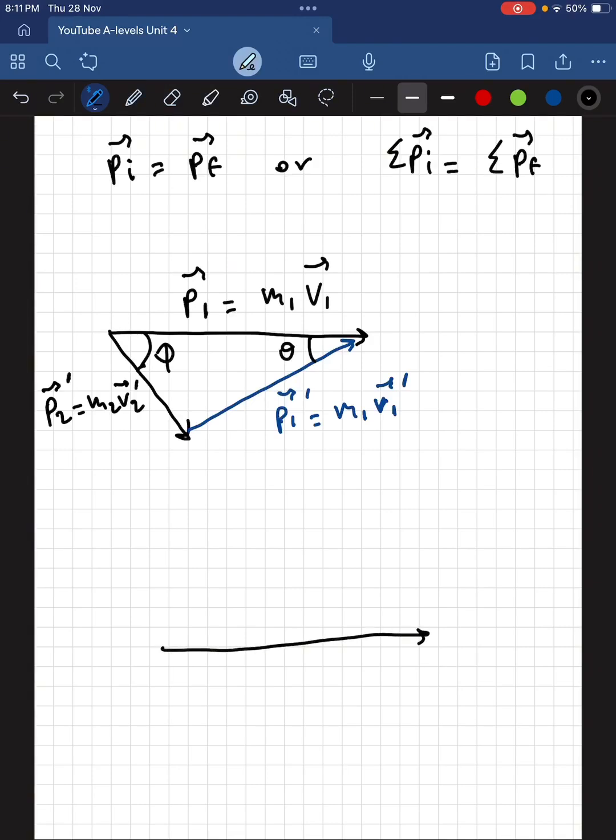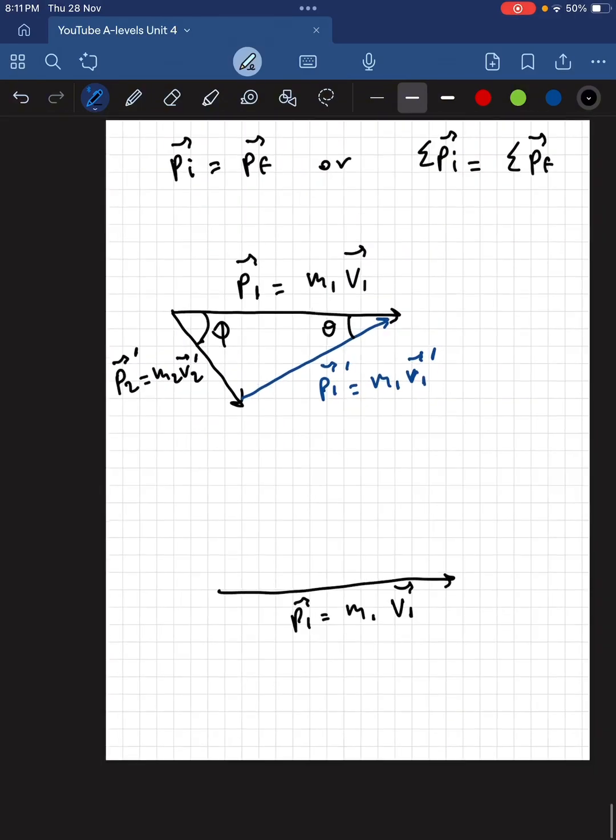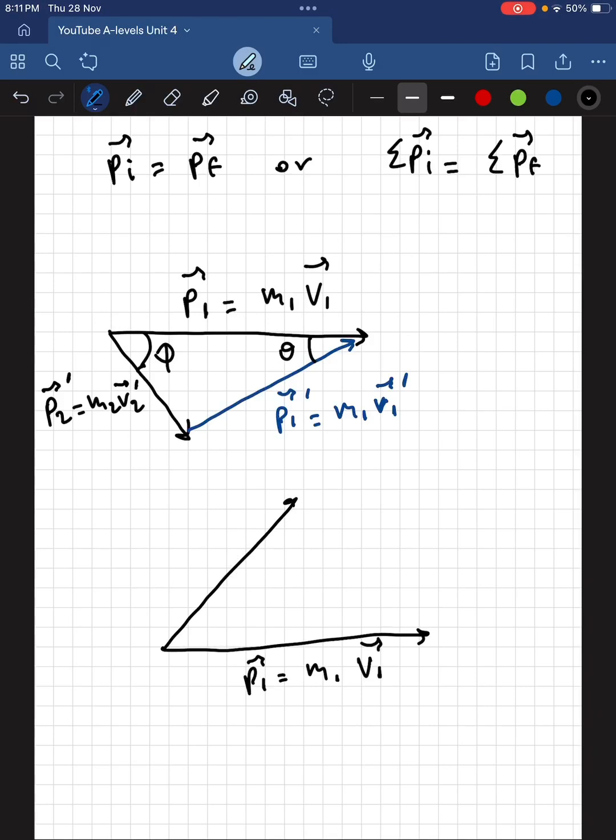draw your initial vector P1. P1 is the same in both cases, m1 times v1. And then you can parallel transport P1 prime and put it here. So this is P1 prime equal to m1 v1 prime. And now this angle must be theta, right?